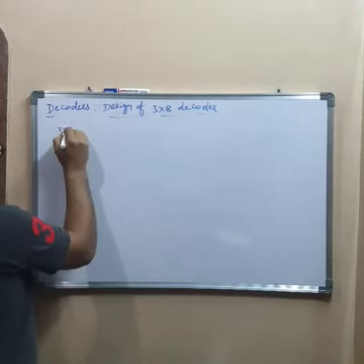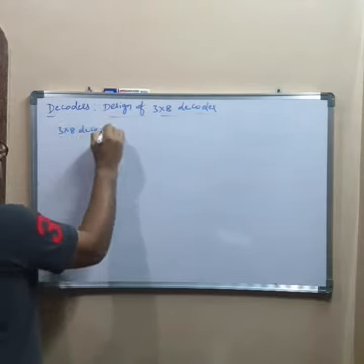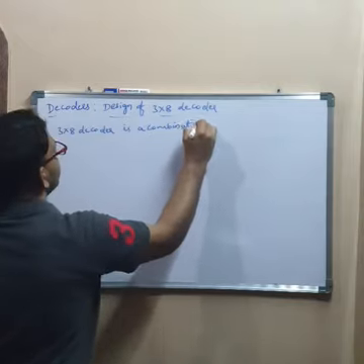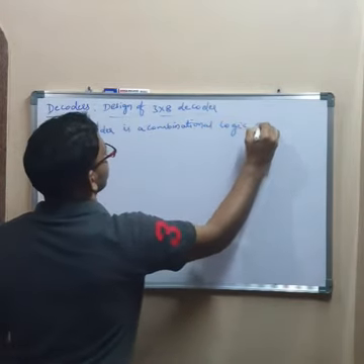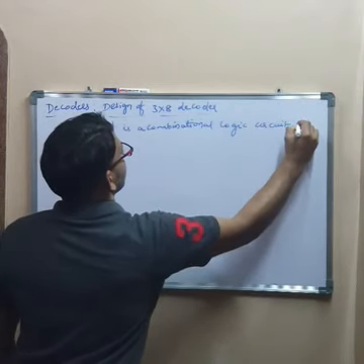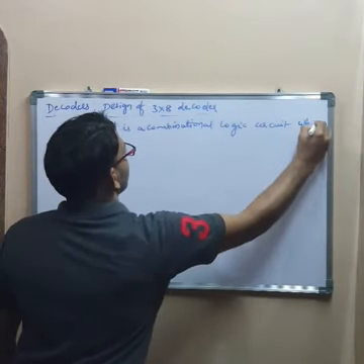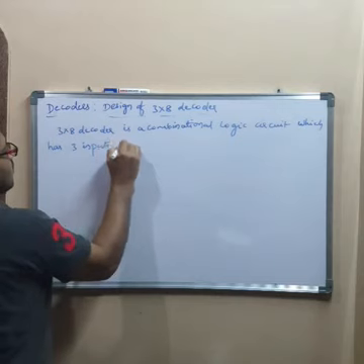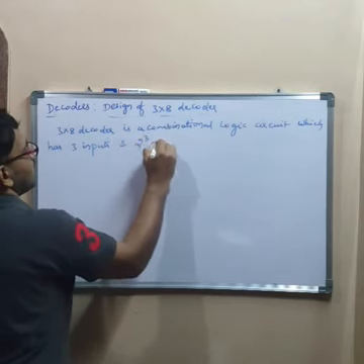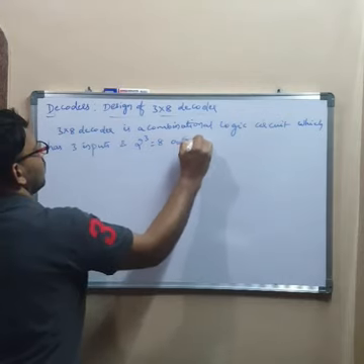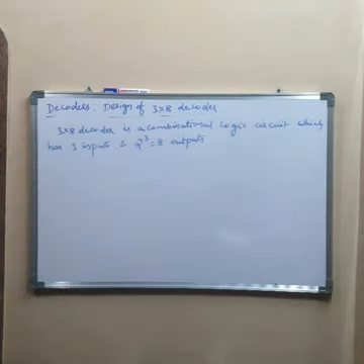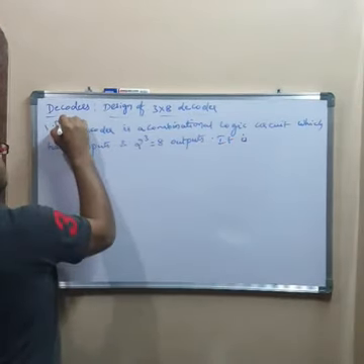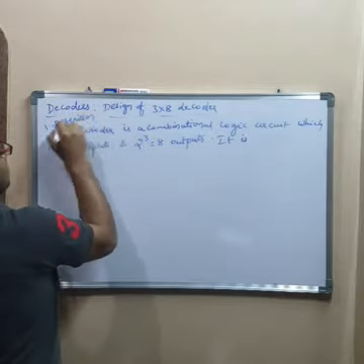So the 3 into 8 decoder is a combinational logic circuit which has 3 inputs and 2 power 3, that is equal to 8 outputs, right? First step, definition, as per our design steps.